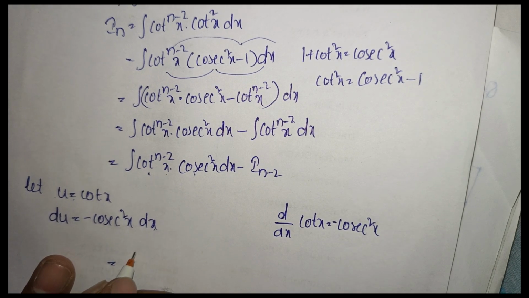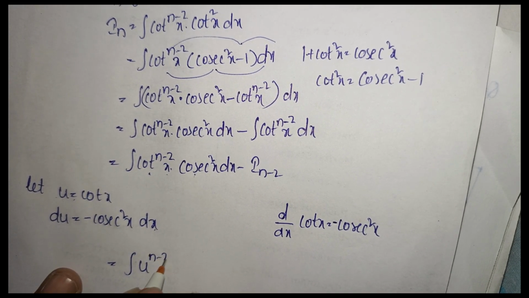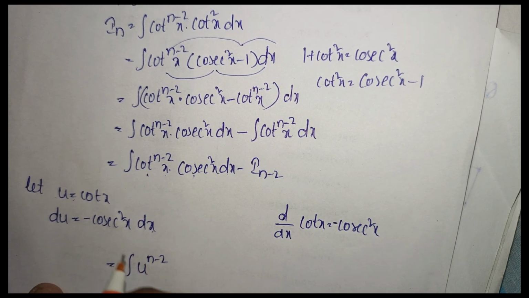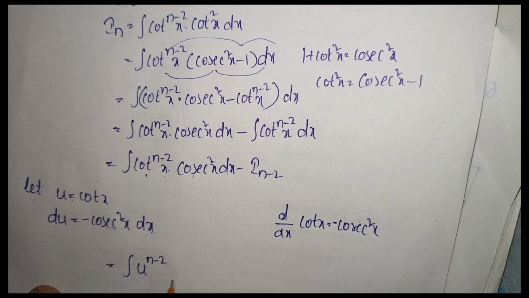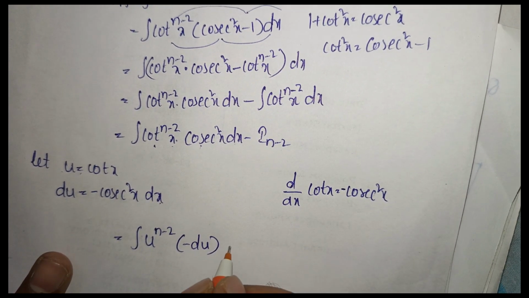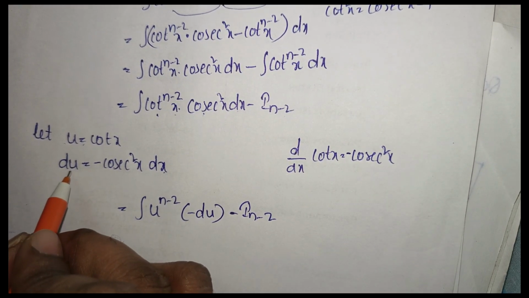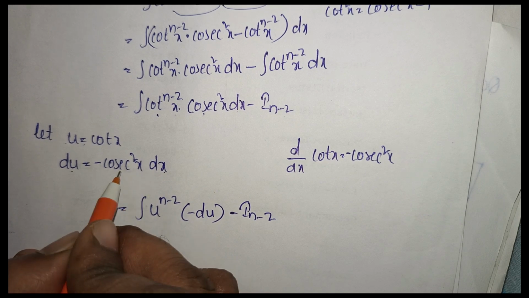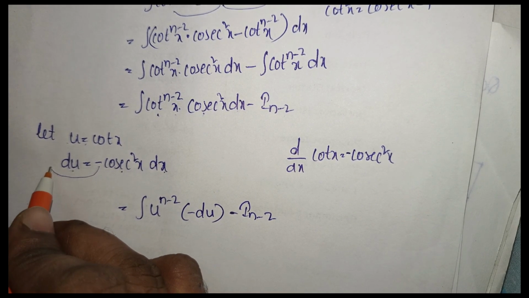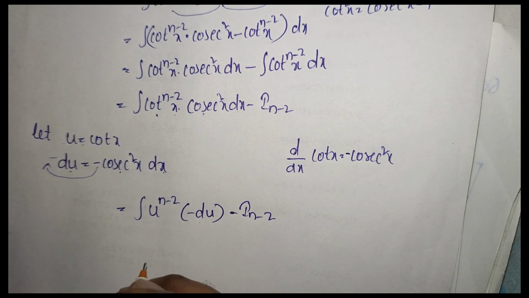Replace it here: u to the power of n minus 2. Cosecant squared x dx is nothing but minus du, because here it is positive, so we have to take minus du, minus I_{n-2}. Hope you're getting this. If you notice here, du is equal to minus cosecant squared x dx. To make it positive cosecant squared x, we have to send this minus to the other side, so this will become minus du. So we are writing minus the integration of u to the power of n minus 2 du, minus I_{n-2}.